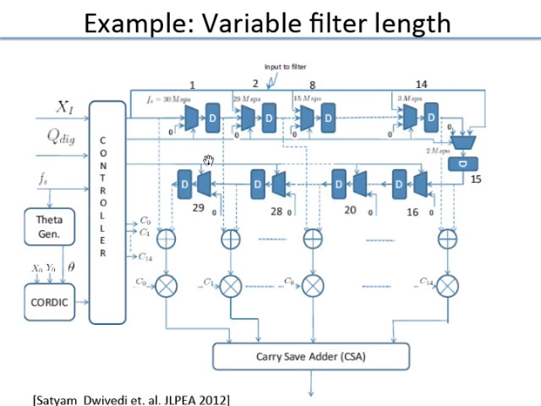So what is a filter? A filter, as you might have studied in your undergrad, is multiplying and summing, sigma a_i x_i, right? That's what you do. What you have here is the coefficients coming in, and it's a 30 tap filter.